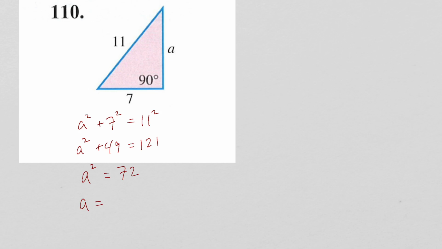So a must be the square root of 72. 72 is not a perfect square, but 36 is, and 36 is a factor of this. So I can rewrite this as 36 times 2. And then I'll square root the 36, take it out, and that'll become a 6. So my answer is 6 root 2 because the 2 is left behind.